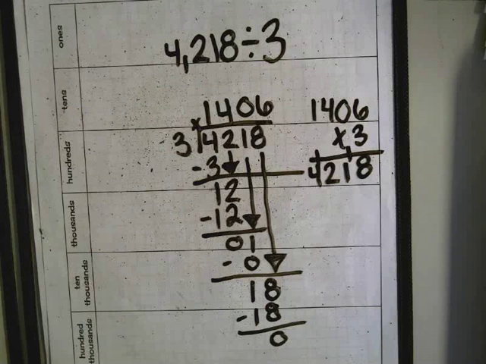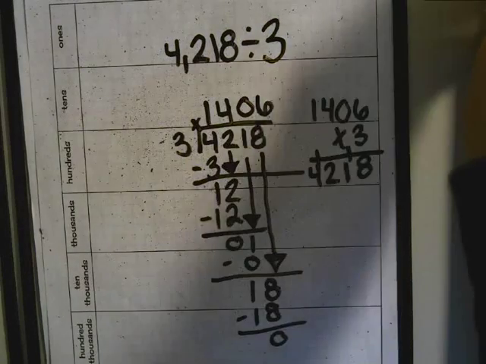All right, did you guys get the same as me? Yeah. 4,218? Yeah. Perfect. And do those match? Great. All right, let's erase this and let's get out our book.